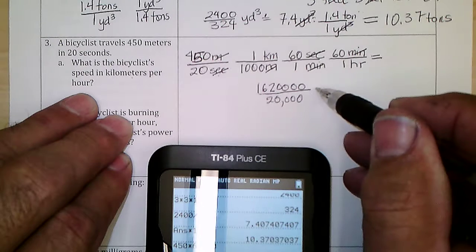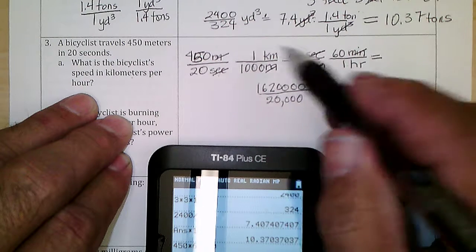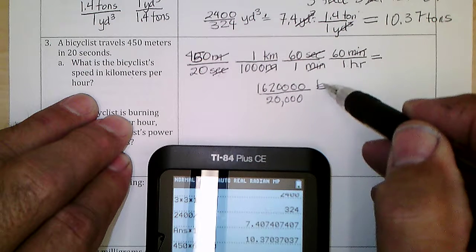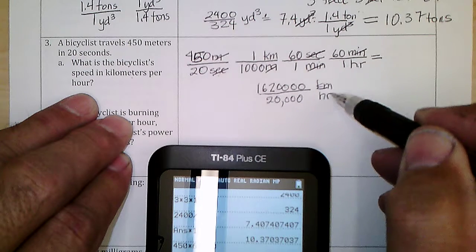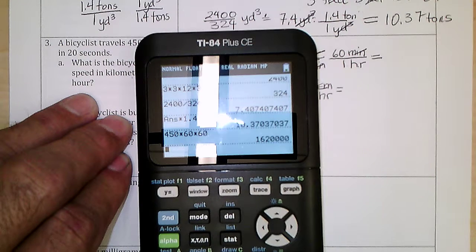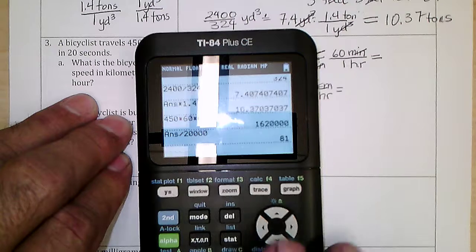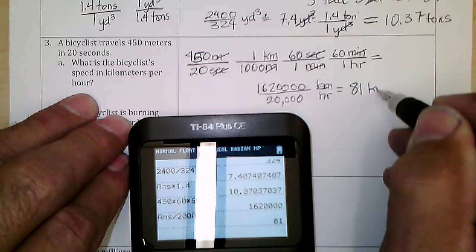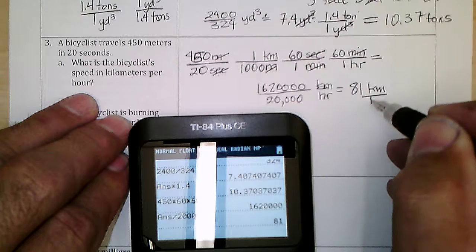And so I got to divide these two, and this would be kilometers left and hours. So I get this divided by 20,000, and I get 81 kilometers per hour.